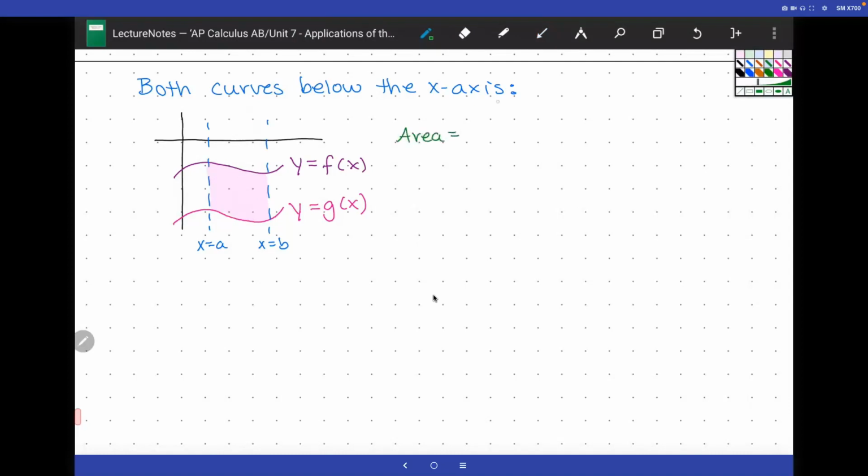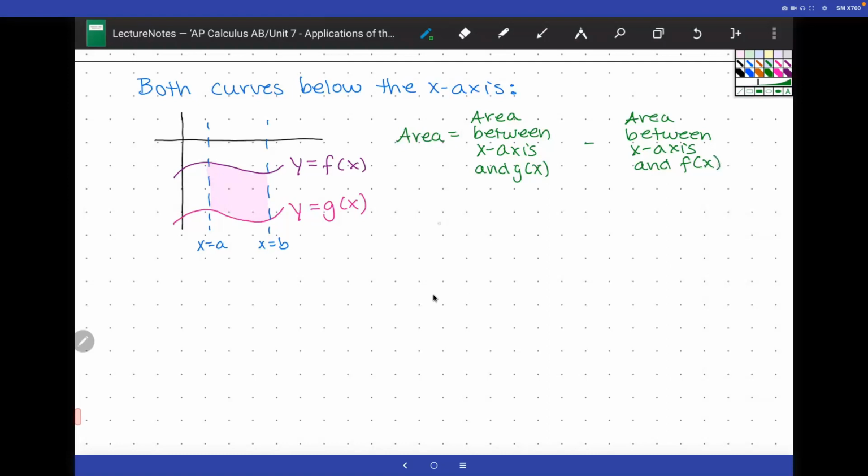So the area is the area between x-axis and g of x minus the area between the x-axis and f of x. So any questions on that? Got to make sure we get that first before we translate it into math.